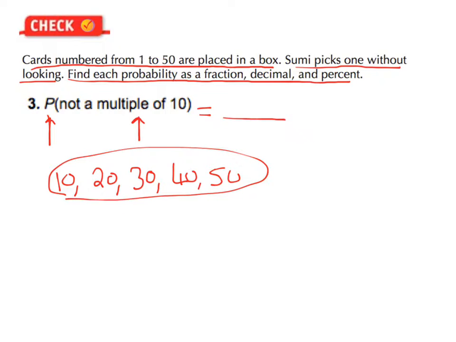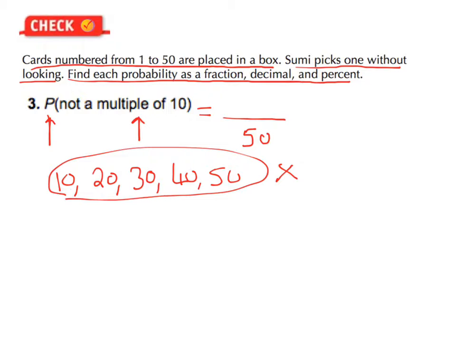So now, total possible outcomes, 50. Now, how many cards are there which are not multiples of 10? The multiples of 10 are 1, 2, 3, 4, 5. So we have 5 cards which are multiples of 10. So the number of cards which are not multiples of 10 will be 45.